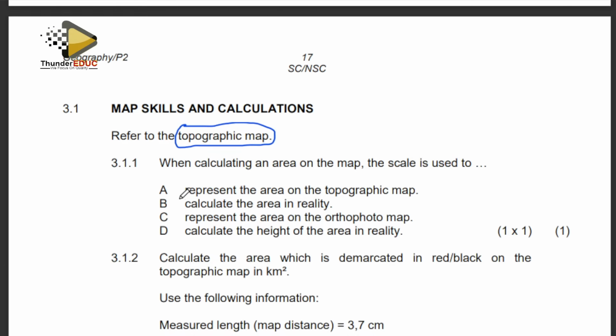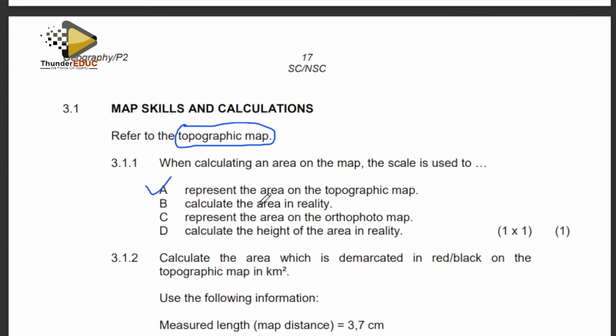When you look at this, calculating the area is the right answer, because representing the area is not its only use. It is one of the subsidiary uses of the scale. Representing the area on the orthophoto map is basically looking at the orthophoto map only. So that one is out. Calculating the height, we can also use it, but it is not for calculating the height.